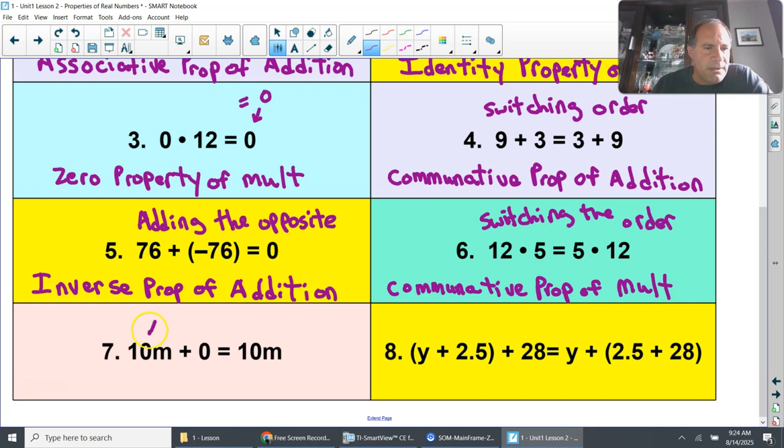All right, so 10m plus 0 equals 10m. You start with this, and you end with the same. That is identity property, and that's of addition.